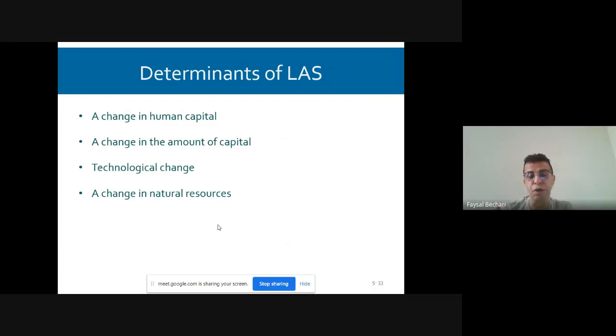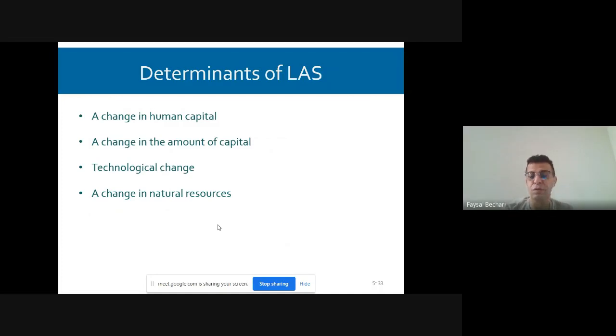We spoke about the farmers 10 years ago, how much one farmer could produce, 1 ton. And now the same farmer produces 10 tons because the technology changes. A change in natural resources, suddenly there was lots of oil. They found out about it, gas or something.